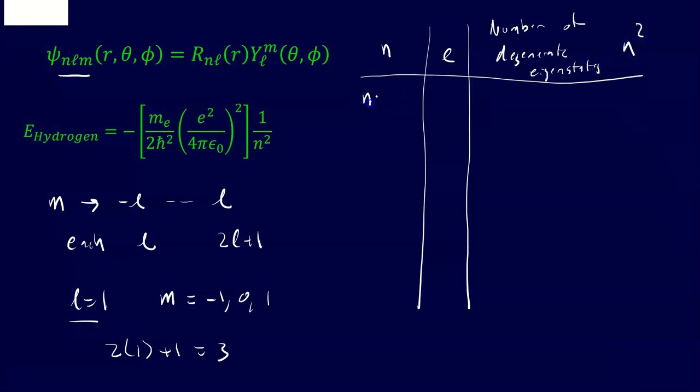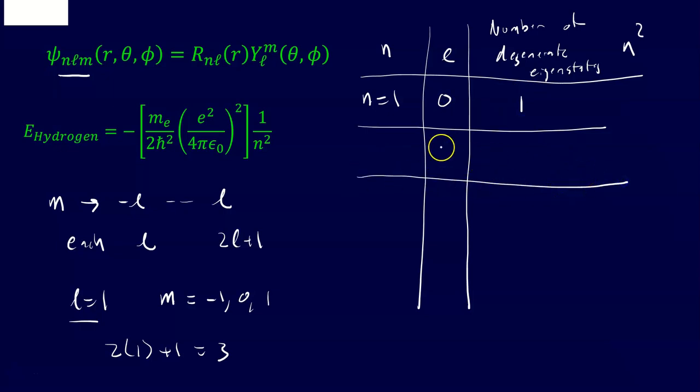For instance, for n equals 1, the ground state, there's just one possibility, l equals 0, so we have just one state with that energy. This is, of course, excluding spin, which we'll get into eventually. For n equals 2, you have 0 and 1 as the possible values of l. If I take my formula, for 0, when I plug that in, I get just 1. For 1, I get 2 times 1 plus 1.